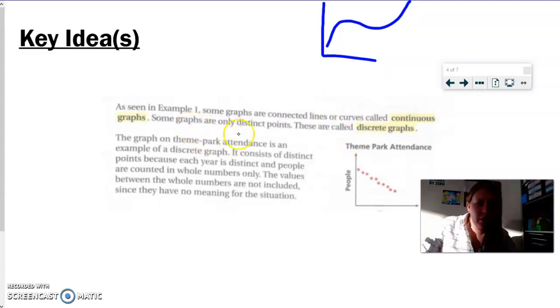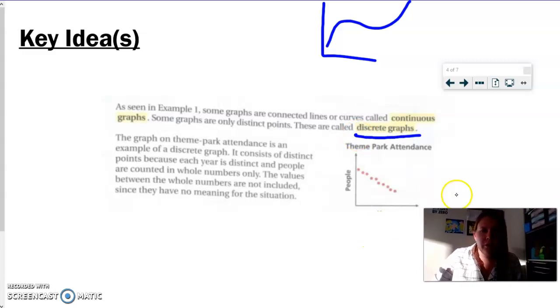But some graphs are only distinct points, and these are called discrete graphs. So here's an example of a discrete graph then. It's got some points. It says the graph on theme park attendance is an example of a discrete graph. It consists of distinct points because each year is distinct and people are counted in whole numbers only.